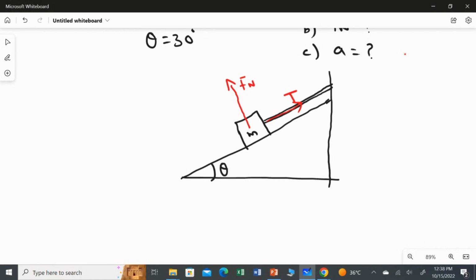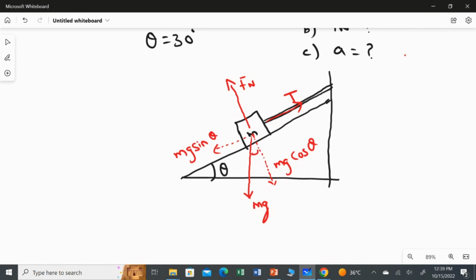Exactly downward you have the gravity force, and then you will get mg cosine theta, because cosine theta is always closer to the angle, and here this one is mg sine theta. So these are all the forces acting on this object.